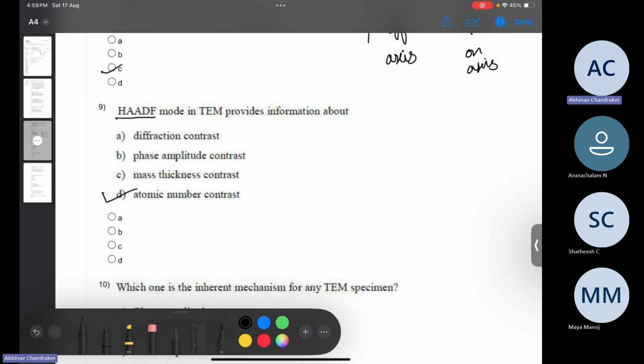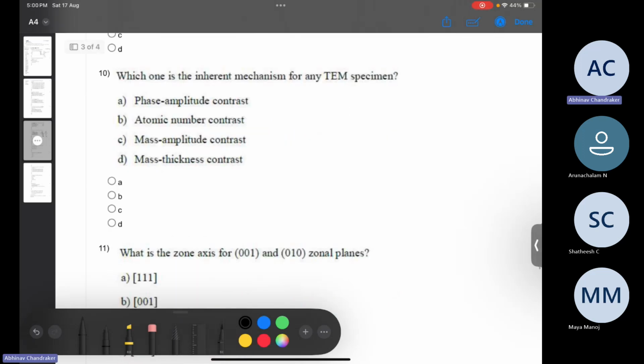Since we have a detector which is at a high angle with respect to the optic axis, and the atomic number of the atoms which cause scattering has a high effect on the angle by which the scattering will occur. So the answer is D, atomic number. Now coming to question 10.